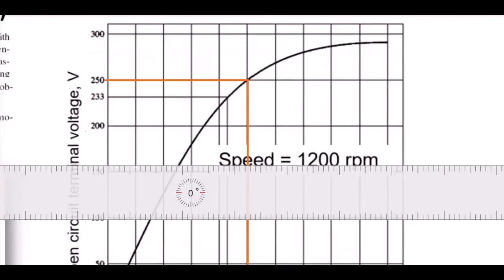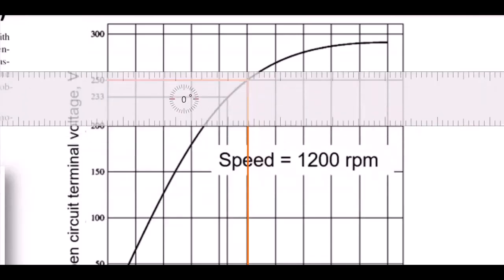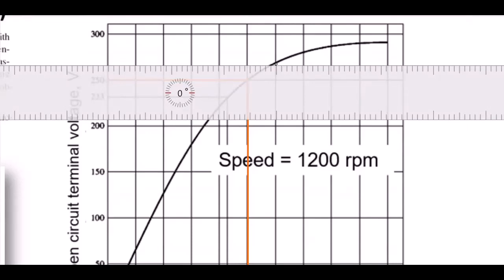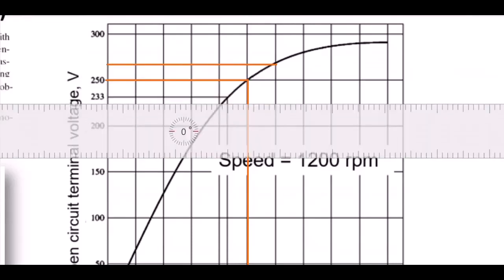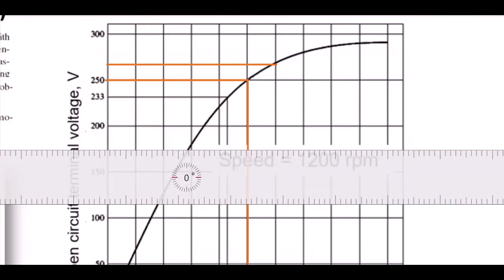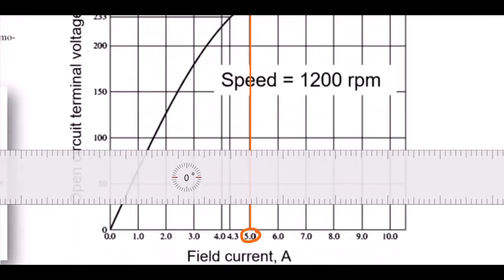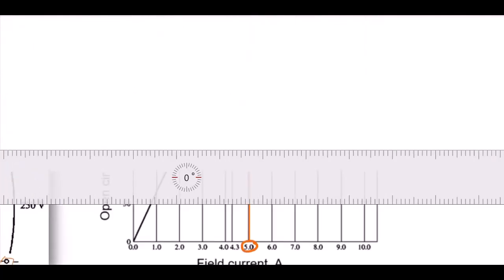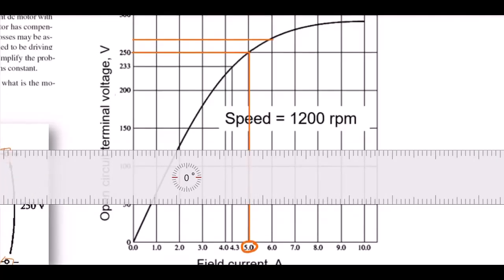Okay, and then if you follow the same step for the 6 amps, this is what you should get roughly. It's not easy to read from the scale what is the actual value, but if you are cheating a bit from the book, it says it's 268 volt, yeah? While for this 5 amp it was 250.